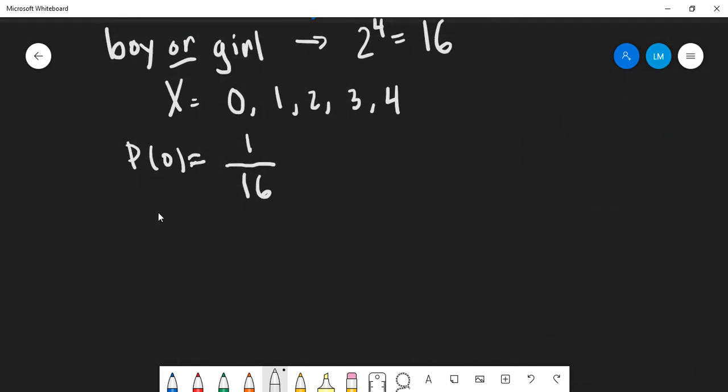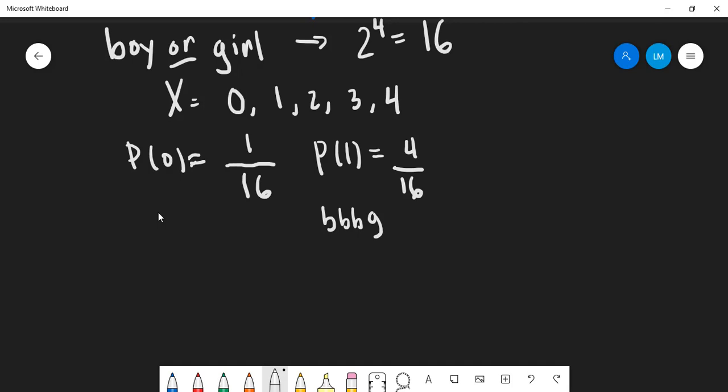The probability of 1 girl is going to be 4 out of 16. Why? Because we have a boy, a boy, a boy, and a girl, meaning there are 4 different ways this can happen, as you move the girl from last to second to last to the second to the first.